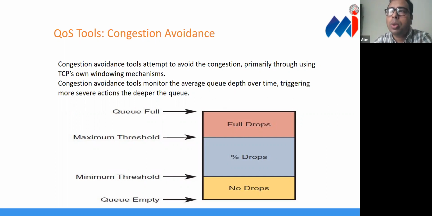In UDP, you are sending only packets and don't need any acknowledgement. But TCP needs acknowledgement after some packets. So use this mechanism here also for congestion avoidance.